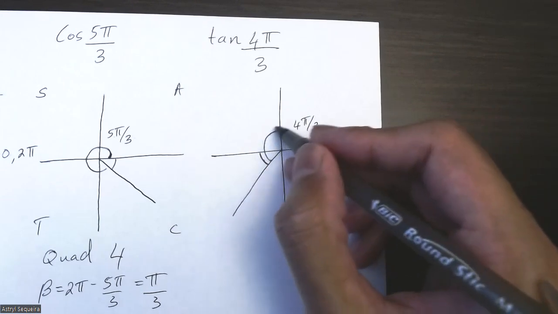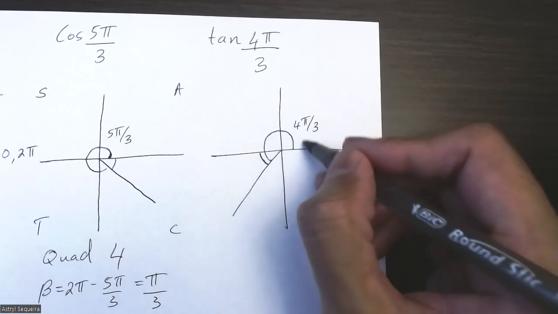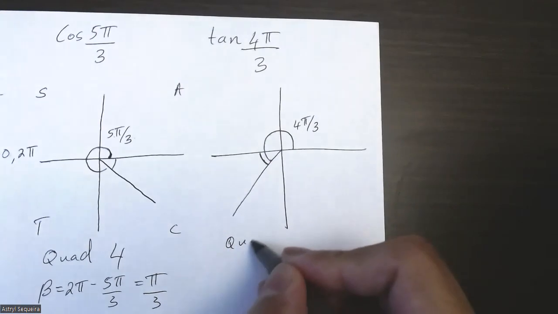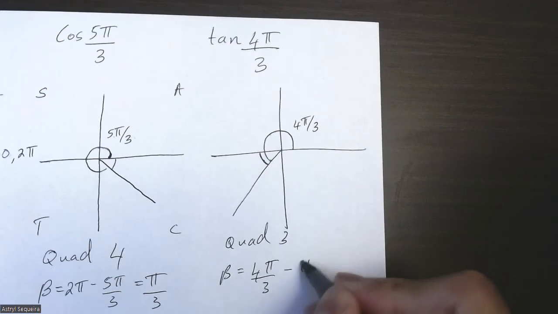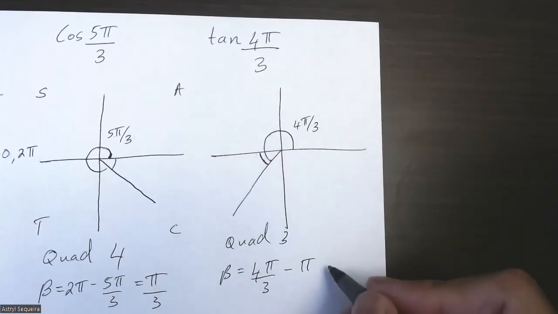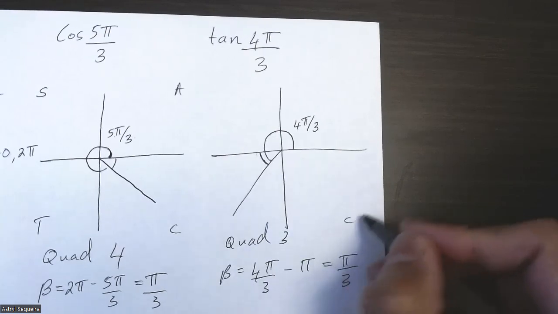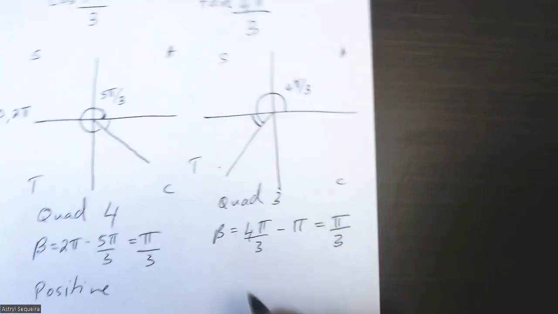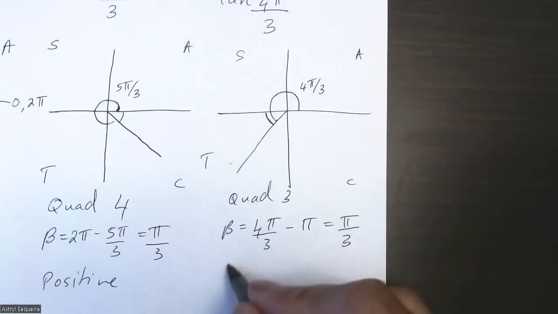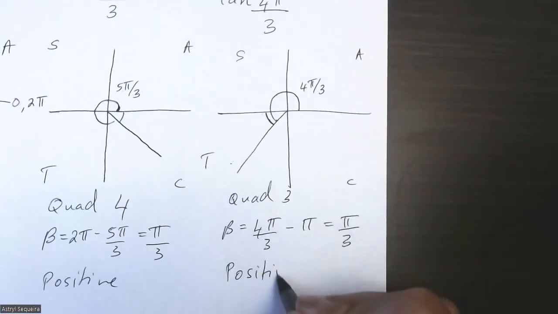So I know that if I take the whole big angle and I subtract pi, well, let me write the quadrant first, quad 3, to find my acute angle. Like I said, it's 4 pi over 3 minus pi. That's going to give me the small acute angle over there. This is again pi over 3. And I know according to my CAST rule, tan is positive in this quadrant. I have tan over here. So again, my ratio is positive.